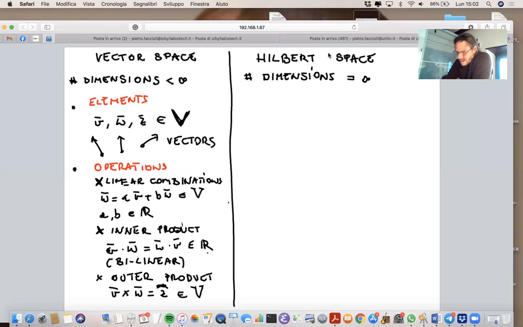Now, before we move into quantum mechanics, I want to emphasize one thing. When you define a vector space, you don't necessarily talk about coordinates.